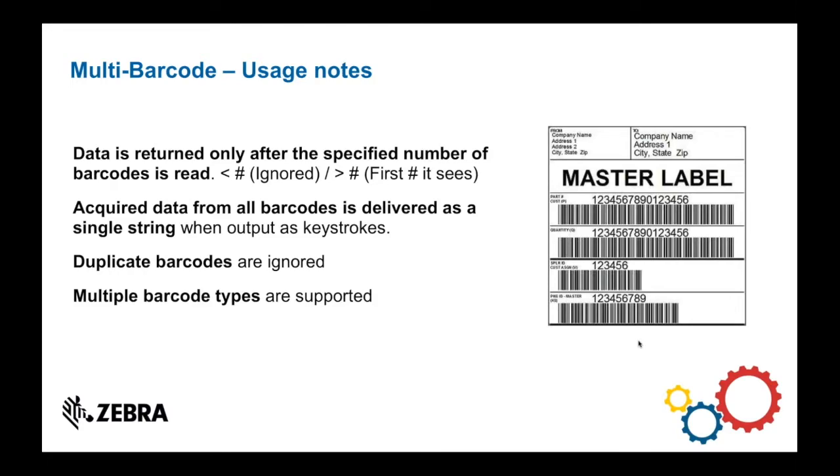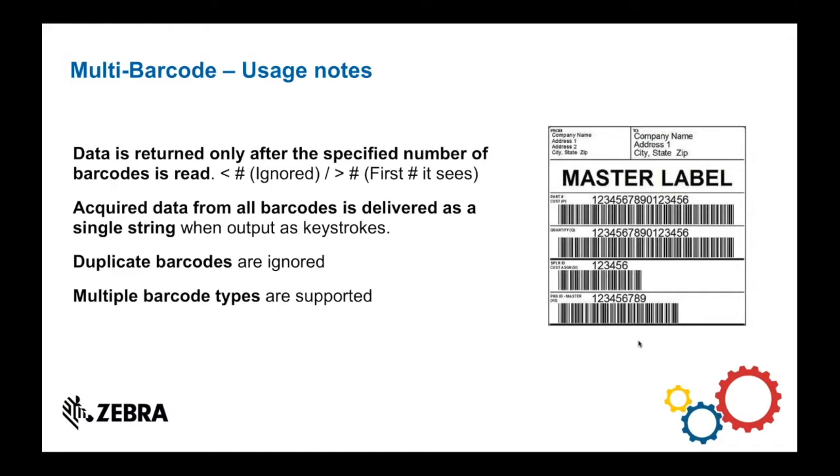If it sees more than what you have it set to, it's only going to give you the first barcodes that it sees, okay? And in this case, there are duplicate barcodes on this particular label. It's going to ignore the duplicates. So in this case, there are only 3. So this particular label would only work if I had the number 3 configured, okay?